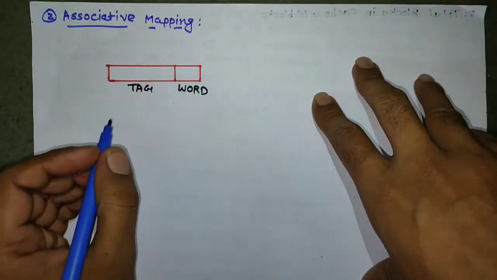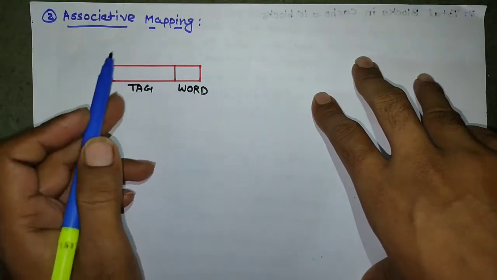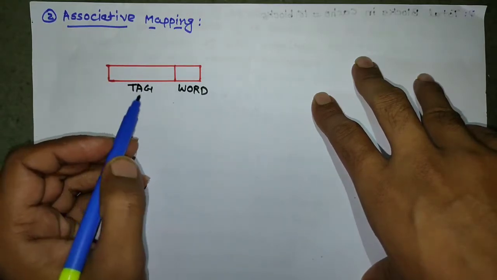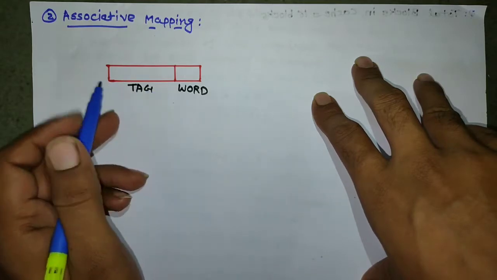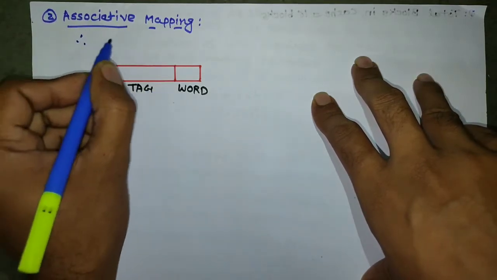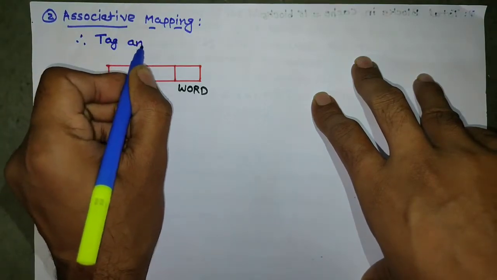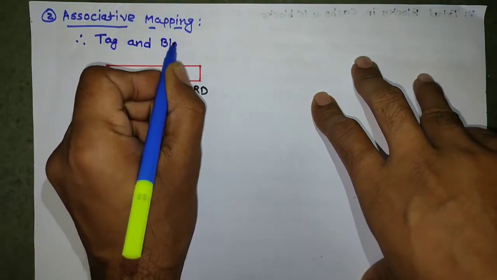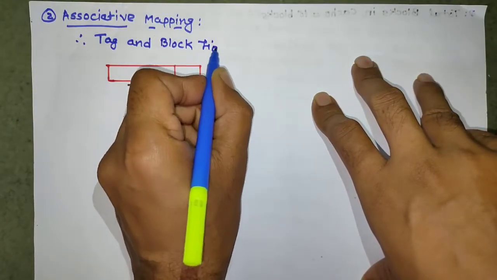As we have discussed earlier in the previous video, in associative mapping there are only two fields, tag and word. Block and tag fields are combined together.